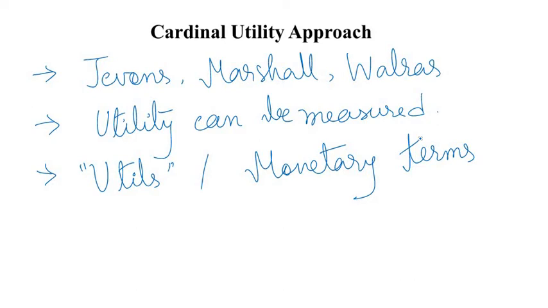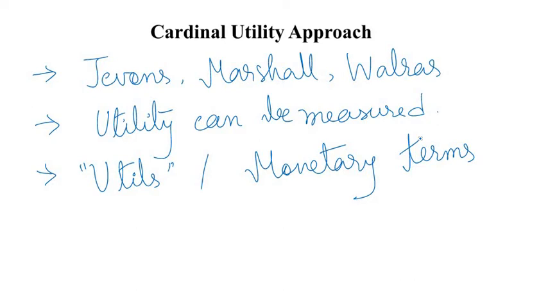Now, there are different assumptions when we talk about cardinal utility. For example, the rational consumer. A consumer has to be rational because his objective should be to maximize the utility level. We are also assuming that the marginal utility that a consumer is getting remains constant when the utility is measured in monetary terms.